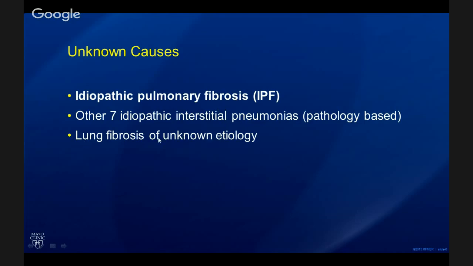When you fall into this category, oftentimes it's just a temporary category before perhaps autoimmune disease is diagnosed or it becomes more defined as IPF over time. But this broad category is often what a lot of physicians face when they can't find a specific etiology, yet they don't fit the definition of IPF.